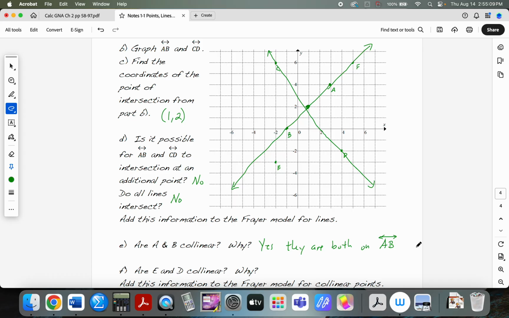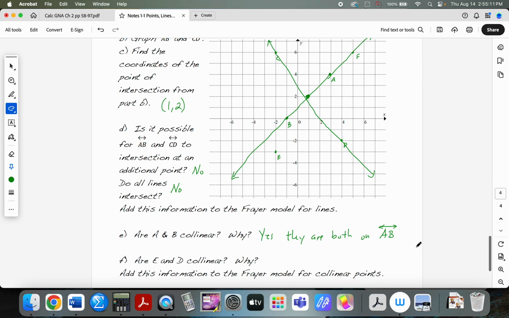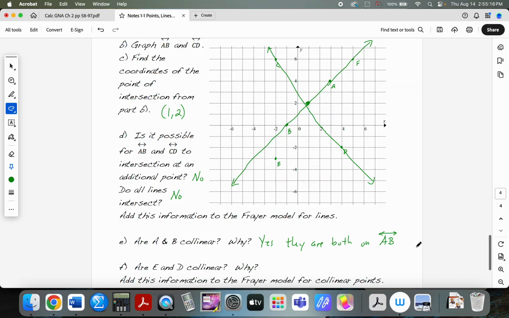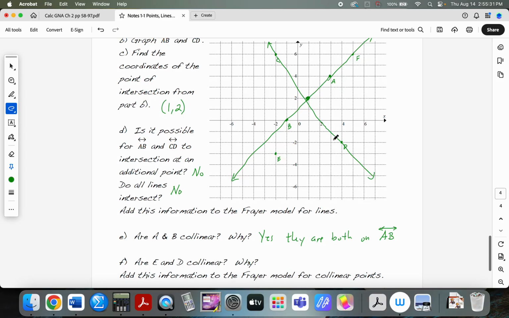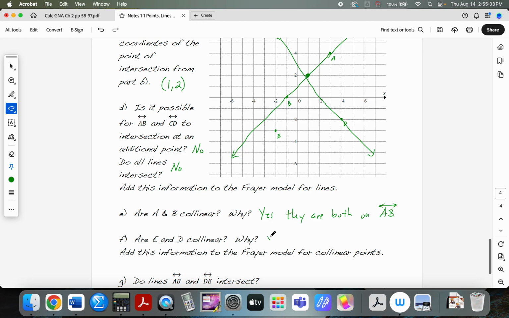That's why they are collinear. What about points E and D? Let's see, E is down here and D is over here. Are E and D collinear? Yes. What line are they both on? Line ED. Is line ED drawn for you? No. Does that matter? No.